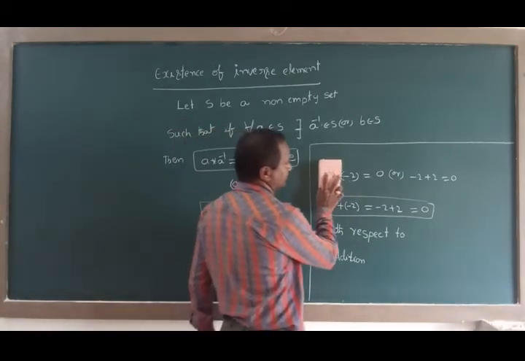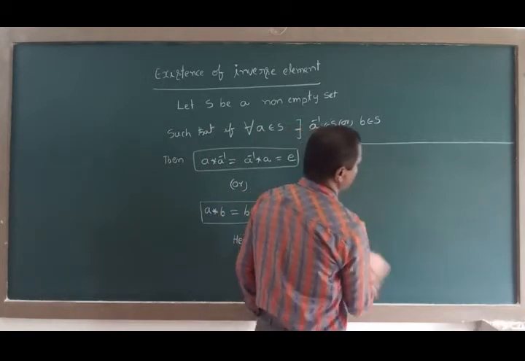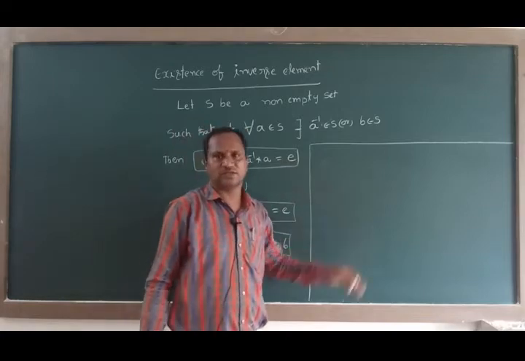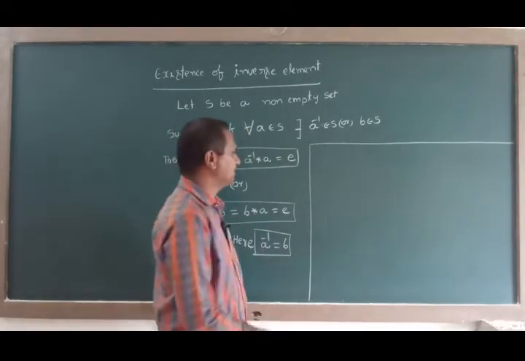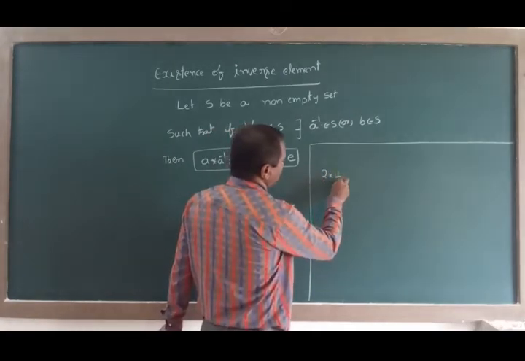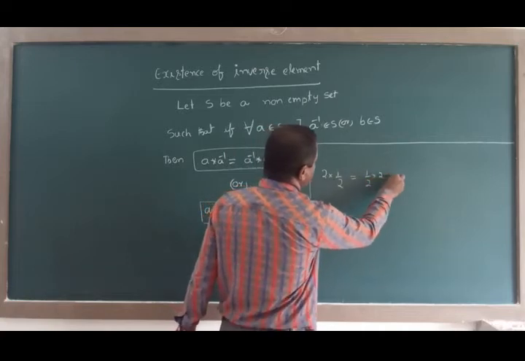I defined all these examples now on the set of all real numbers only. Inverse elements. See here, 2 into 1 by 2 is equal to 1 by 2 into 2 is equal to 1.